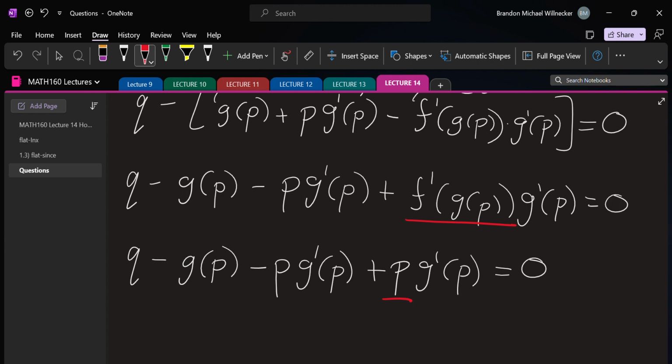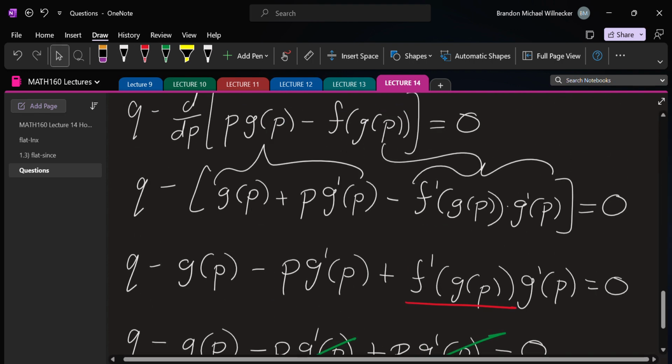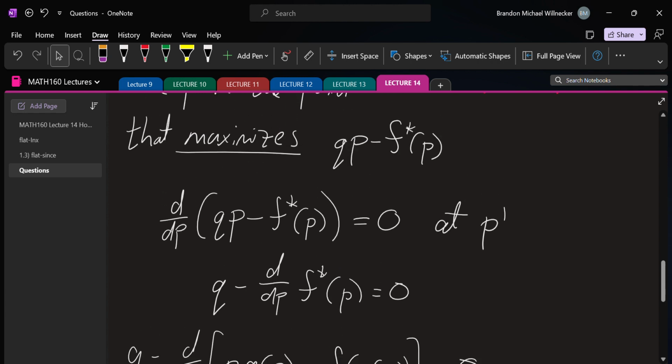Okay. Now look here, we've got P G prime of P with the minus plus P G prime of P. They cancel. Okay, so finally we end up with Q is equal to G of P. But this isn't any particular P. This is P prime. Right, like we had with X prime.